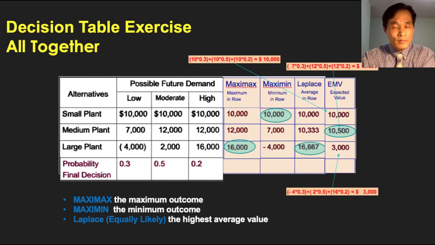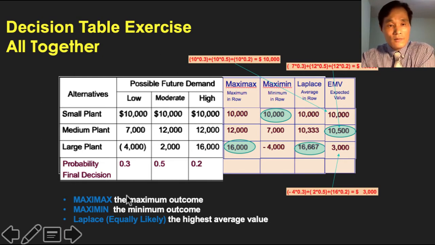So now you have the maximum EMV, and to find the expected value of perfect information, now you need to find the expected value with perfect information. If you know that the market is going to turn out to be low, what are you going to do? You know that you are going to open a small plant because that is the best option, right?